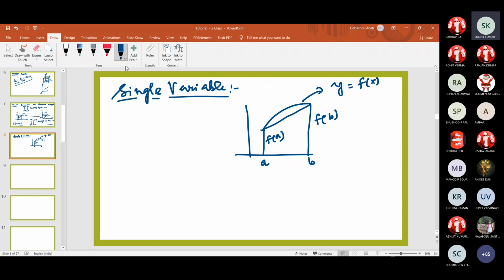Then we must have at least one point within AB at which the slope will be attained.